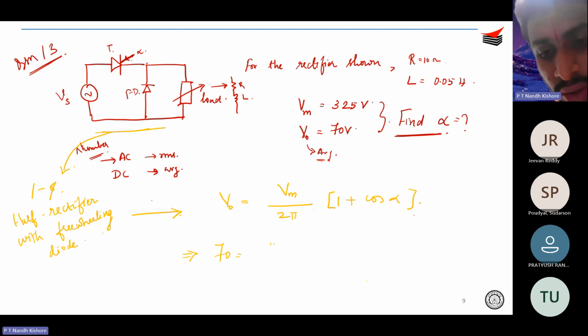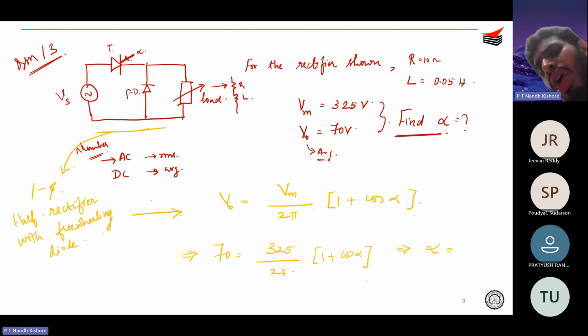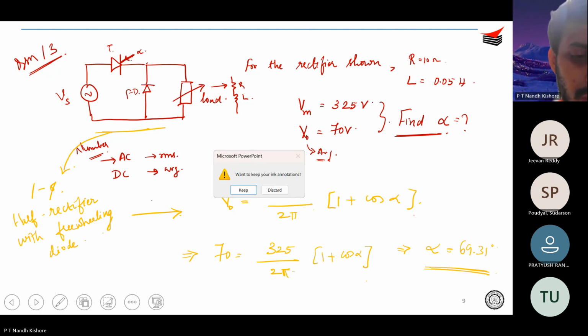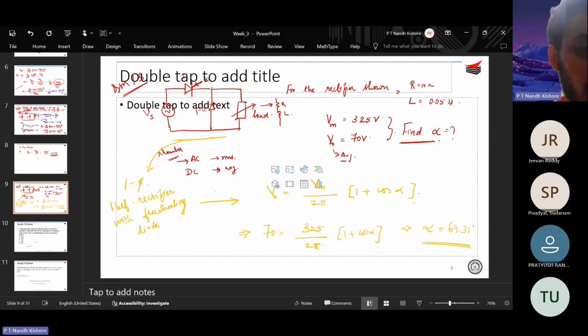Therefore, 70 is equal to 325 over 2 pi into 1 plus cos alpha. Therefore, you can calculate alpha, please. You will end up with alpha of 69.31 degrees, right? Is this fine?